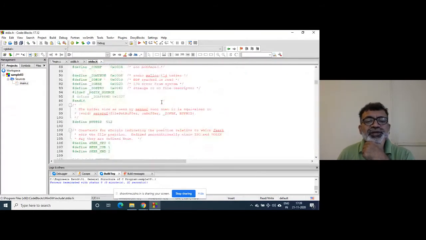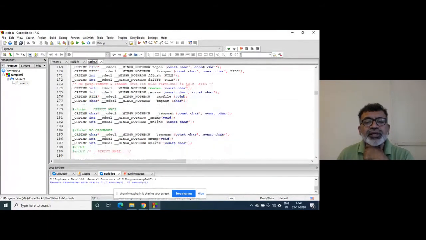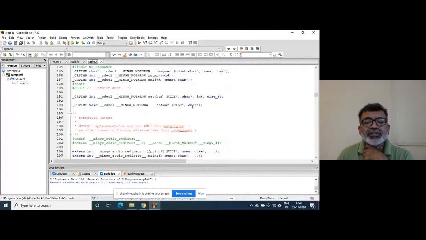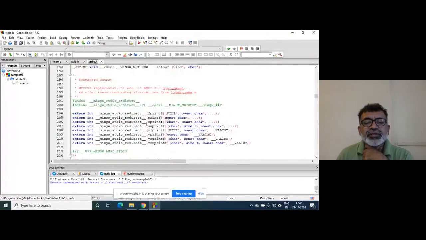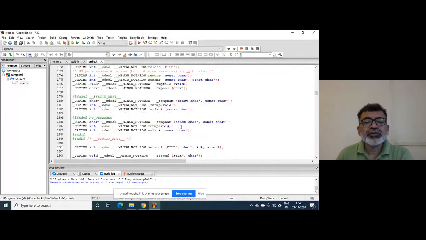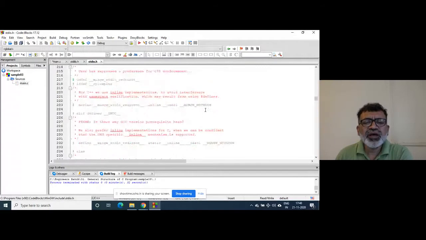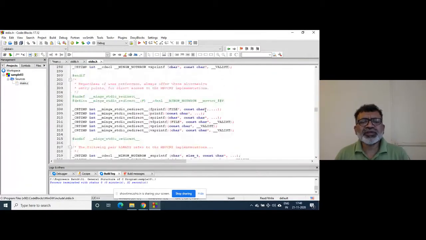When you call that printf function, you need to add these files. If open is there, file handling functions are there, right? Here is a printf function. The remove function is there of file handling. Printf function is there. Sprintf, vprintf. A lot of functions are there.